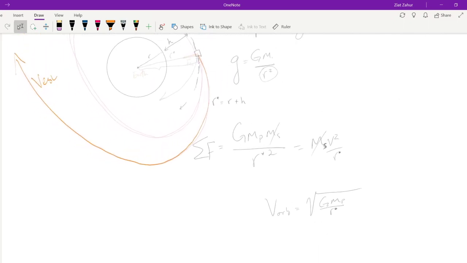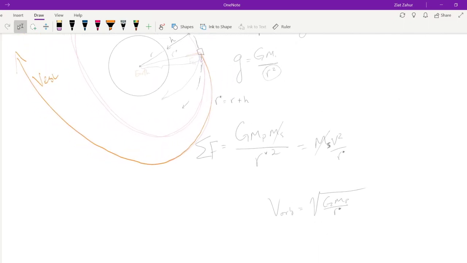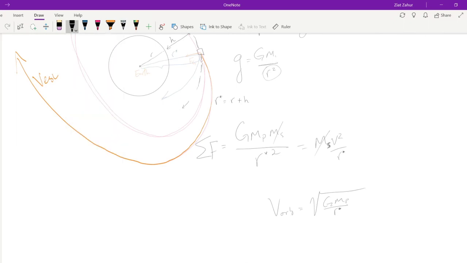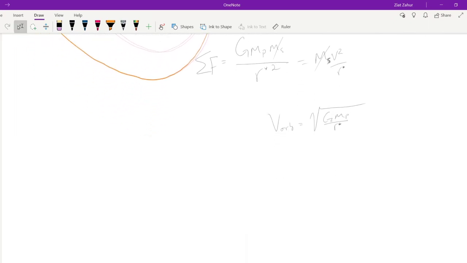All right, now let's take a look at an AP style question. So it's something that could potentially be on a test or something in the future.